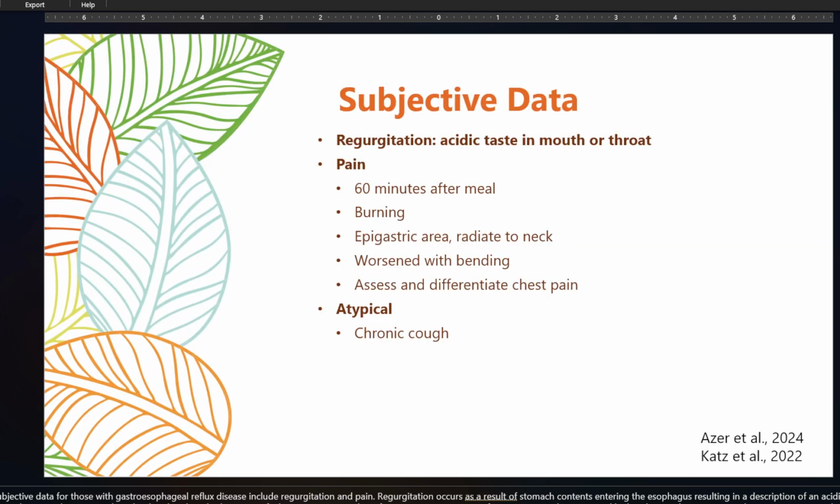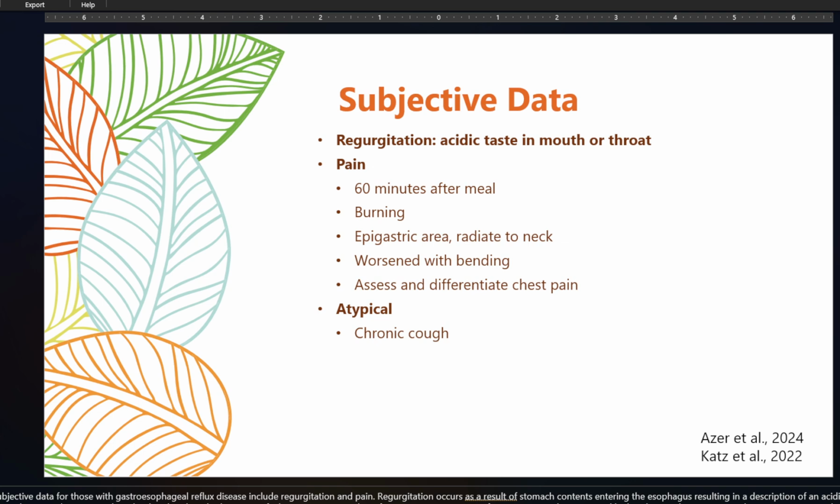The most common subjective data for those with gastroesophageal reflux disease include regurgitation and pain. Regurgitation occurs as a result of stomach contents entering the esophagus, resulting in a description of an acidic taste notable in the mouth or throat.